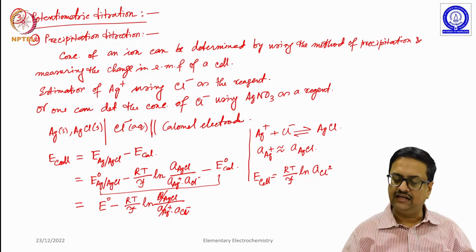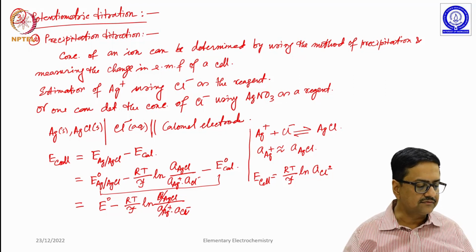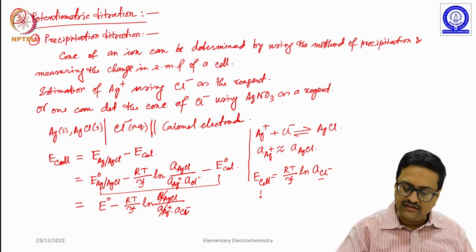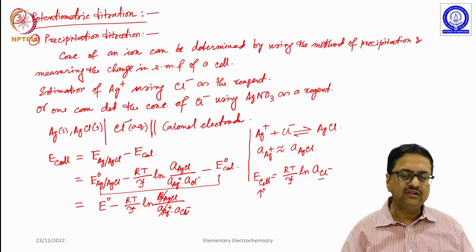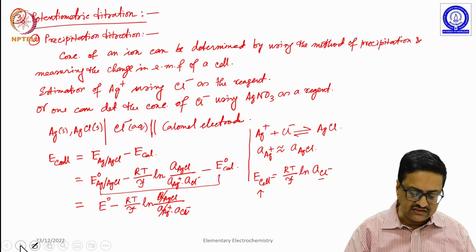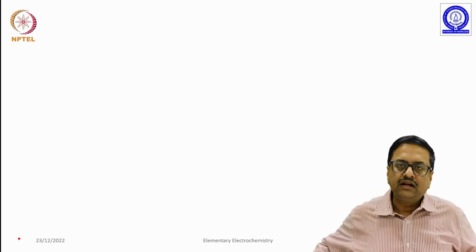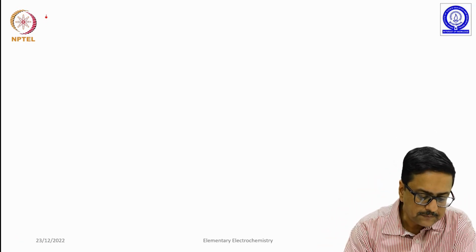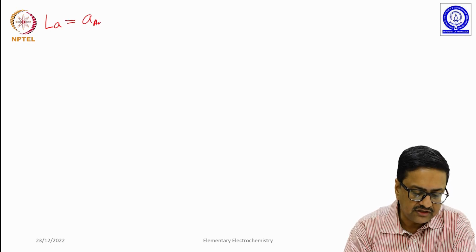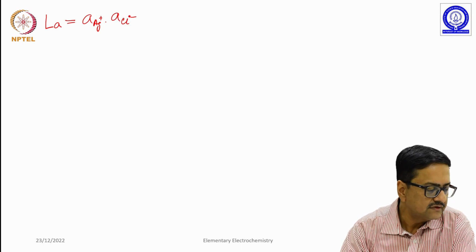So, now what happens is that one can change the concentration of chloride ion and continuously determine the E cell value and do the experiment of determination of the E cell with varying concentration of chloride. But then what you know is that the activity product Ksp is activity of Ag plus into activity of Cl minus.